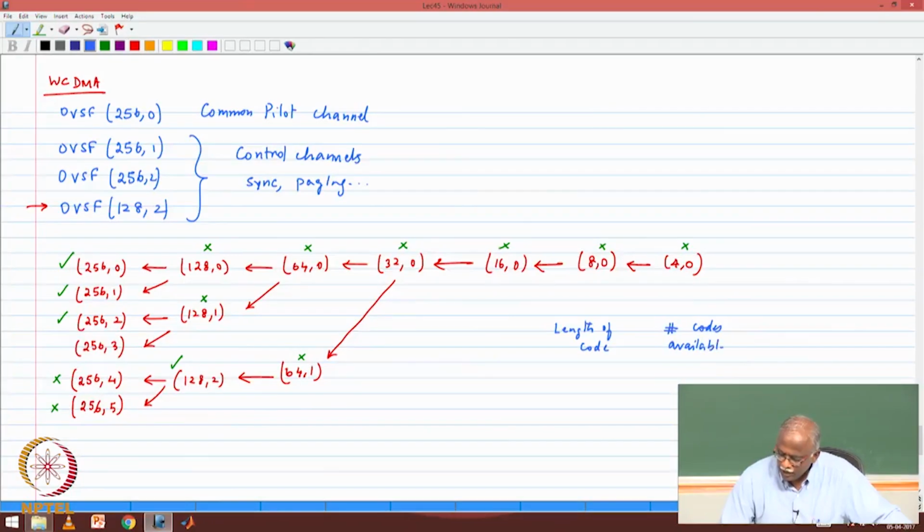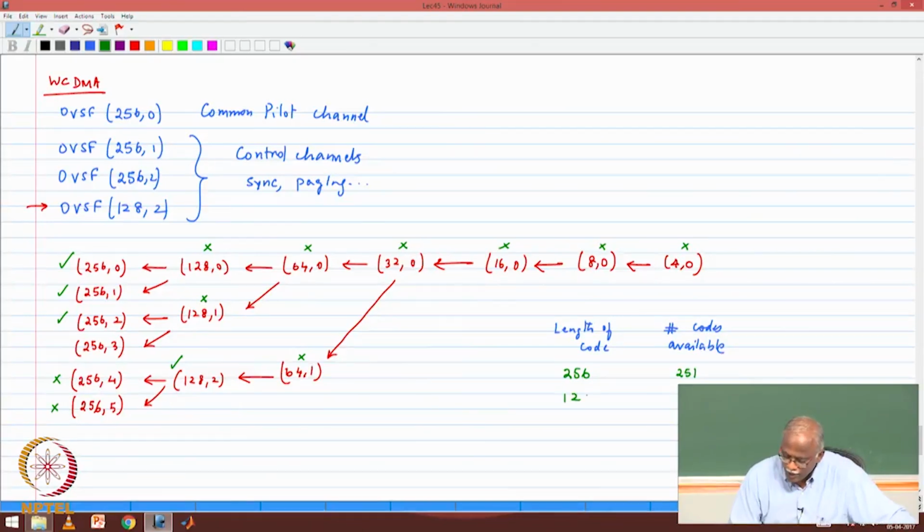Now, if I tell you I am interested in length 256 codes, how many are available? I go down the line of 256, and if there is either a tick mark or a cross mark, that means it's gone. Either it's been assigned or it's been blocked. So, 5 of them have been blocked, and the number of codes available will be 251.